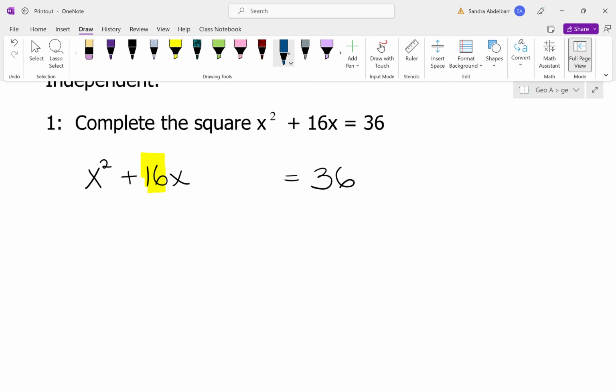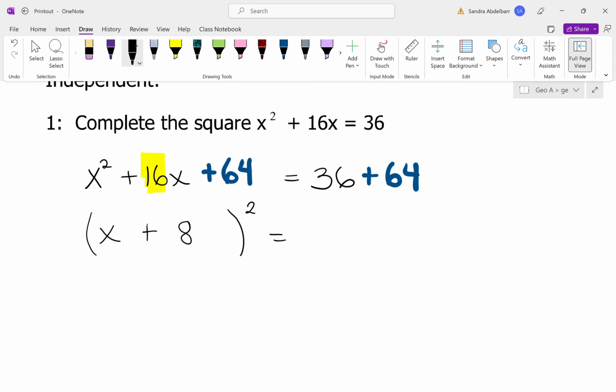Square it. So what is 8 squared? 64. So I'm going to add 64 to the left side, and then to keep it balanced, what do I have to do? Add it to the other side also. Sam, you with me? Yeah. Okay. So now what is this going to be? Factored, x squared plus 16x plus 64 is going to be x plus 8, that quantity squared, equals 100.